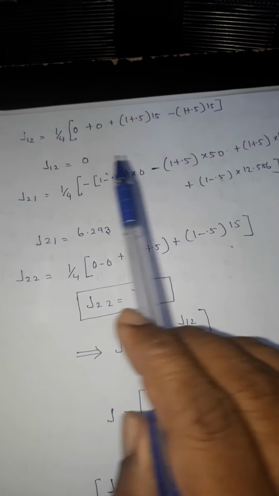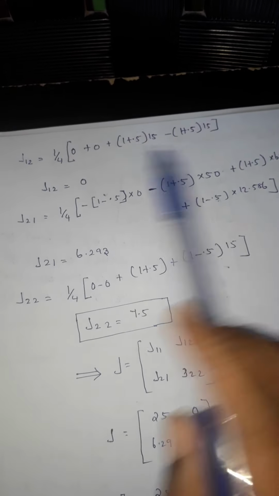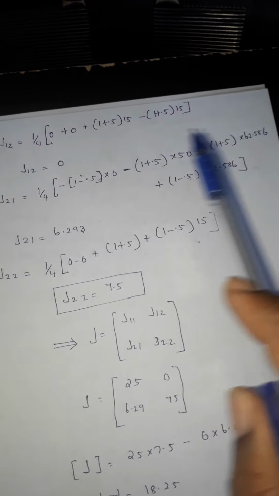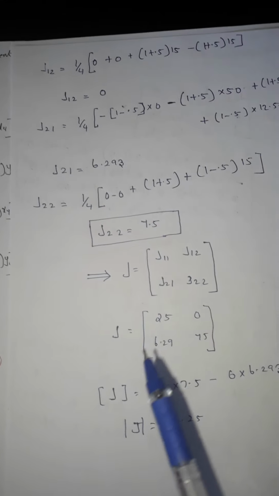Please be careful about taking the coordinates; if you slightly miss one, the whole thing will be wrong. So j11 is 0.25, j21 is 0, then 6.29 and 7.5.